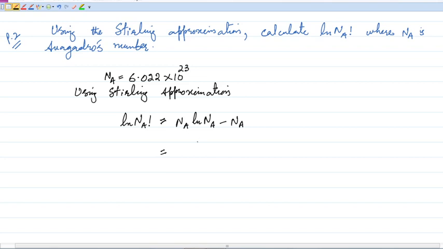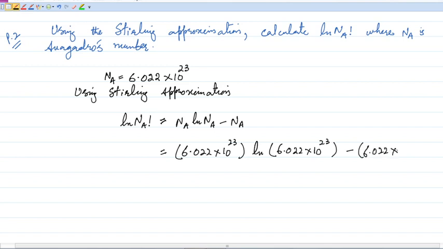We will put the values here: 6.022 into 10 raised to the power 23 times natural logarithm of 6.022 into 10 raised to the power 23, minus 6.022 into 10 raised to the power 23.